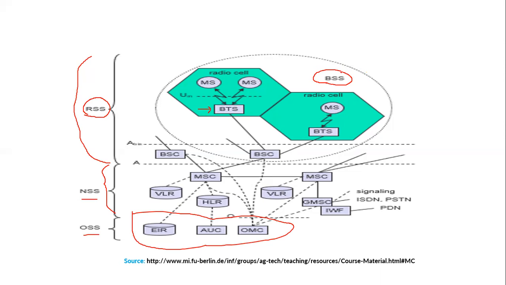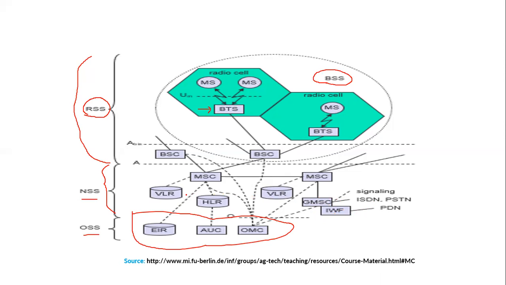Then all BSCs will be controlled by an MSC, which is Mobile Service Switching Center, and there will be one MSC called the Gateway MSC, which will connect with the wired network like ISDN and PSTN.